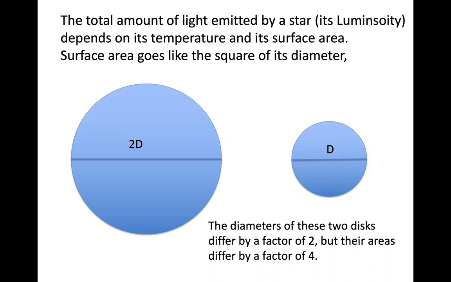If you have a star that's emitting light from its surface, the total amount of light, something called luminosity, is basically given by how much area is of the star. And again, area scales like the square of a length scale, in this case, the diameter. If you have a star that is twice the diameter of another star, it has 4 times the area. And so it produces 4 times that amount of light.